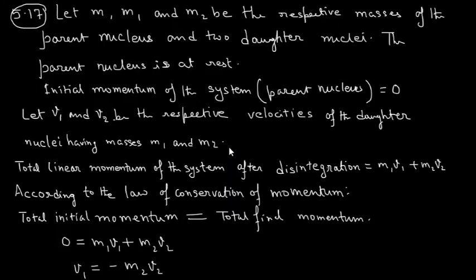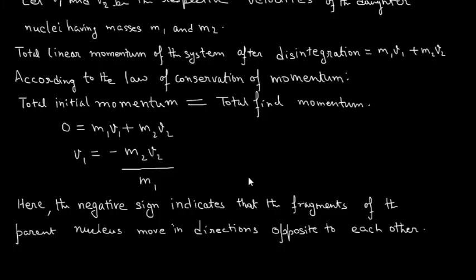So total initial momentum, which was 0, is equal to m1v1 plus m2v2. So we can write p1 is equal to minus m2v2 upon m1. Hence, the negative sign indicates that the fragments of the parent nucleus move in the direction opposite to each other.